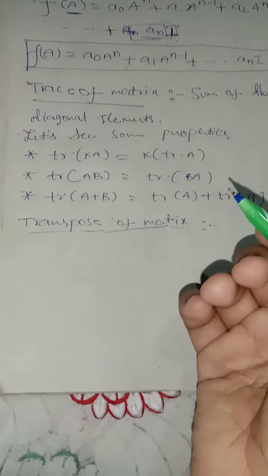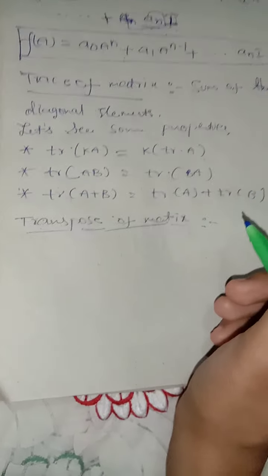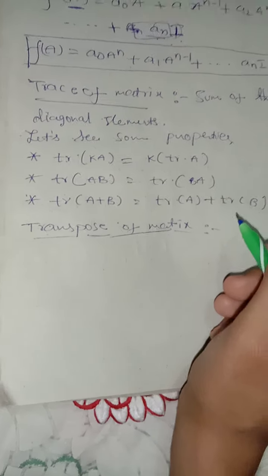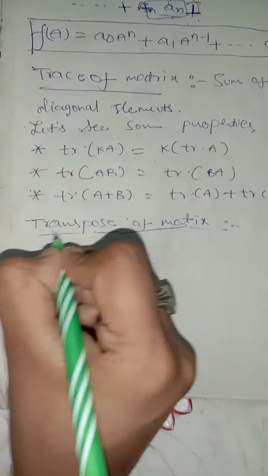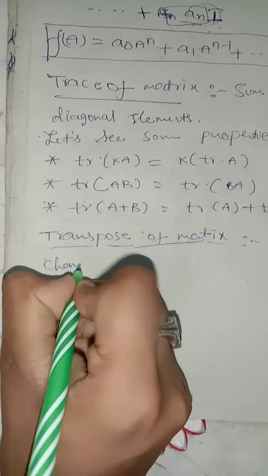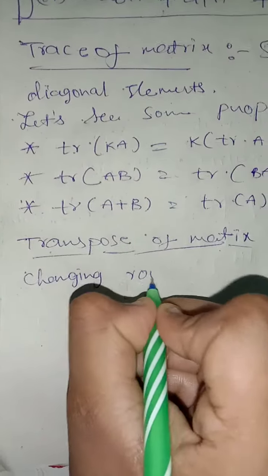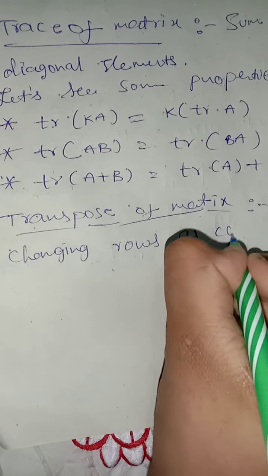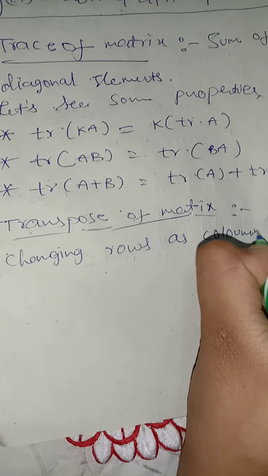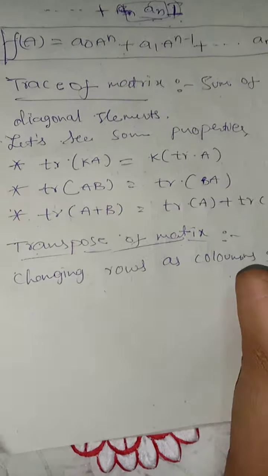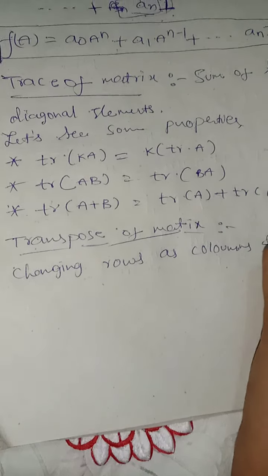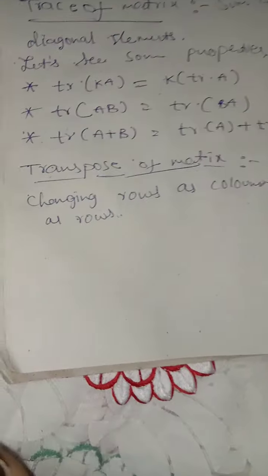Now it is the transpose of a matrix. What is meant by transpose of a matrix? As a simple definition, changing rows as columns and columns as rows.